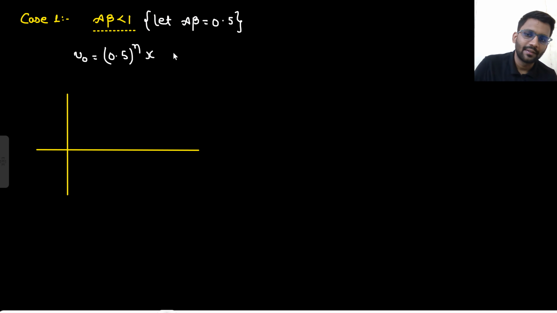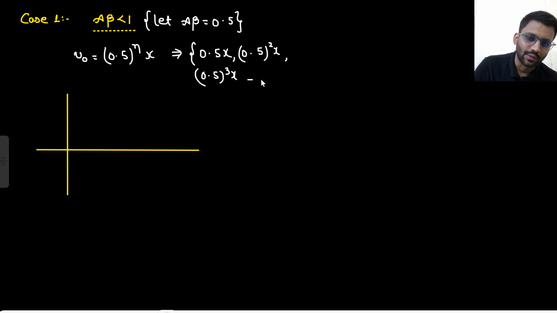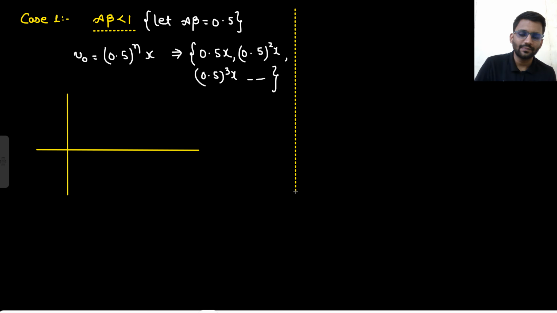First you will get 0.5X, then you will get 0.5 square X, then 0.5 cube X, and so on. This is how it will go.